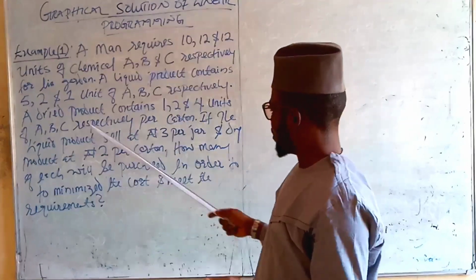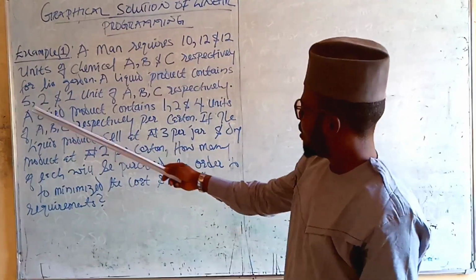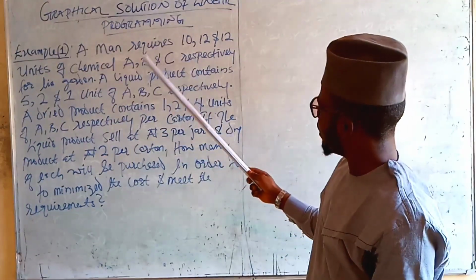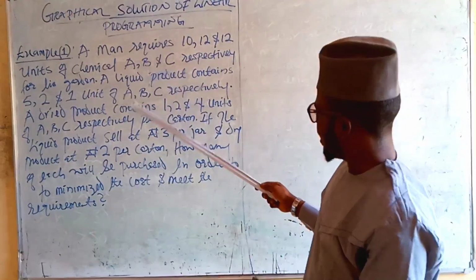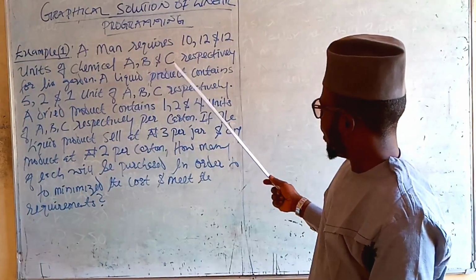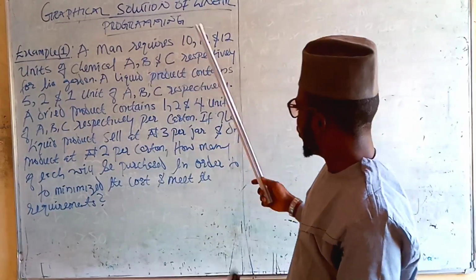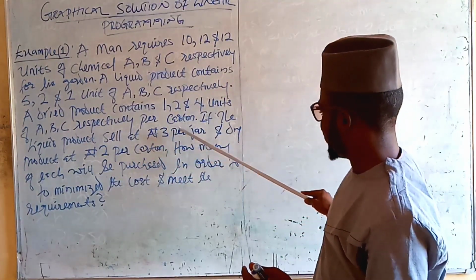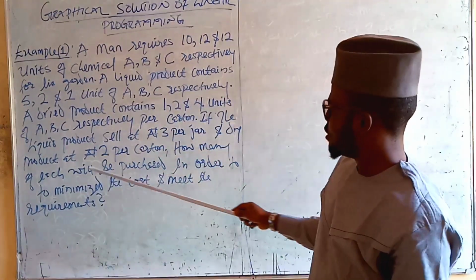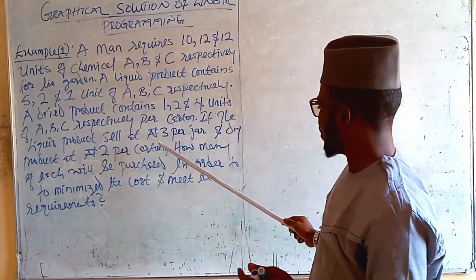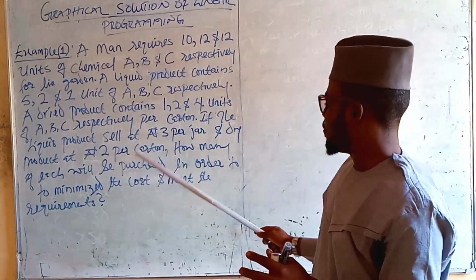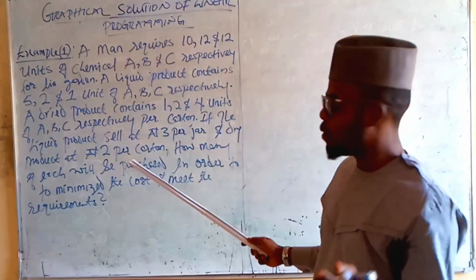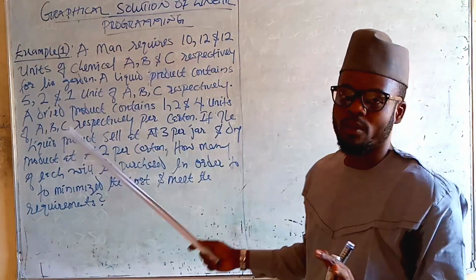So the man requires 5, 2 and 1 units of these chemicals, including both the dry and the liquid product. The liquid product is sold at 3 naira per jar and the dry product is sold at 2 naira per carton. So our aim is to find how much of each is going to be purchased in order for him to minimize the cost and meet the requirement.